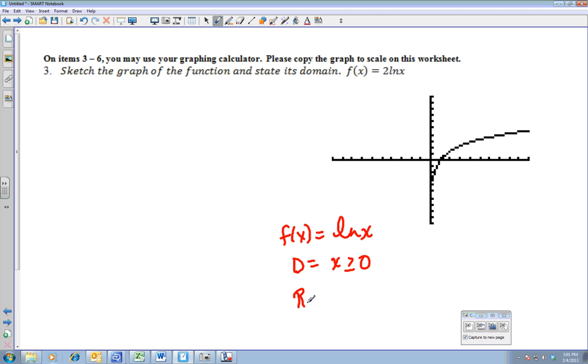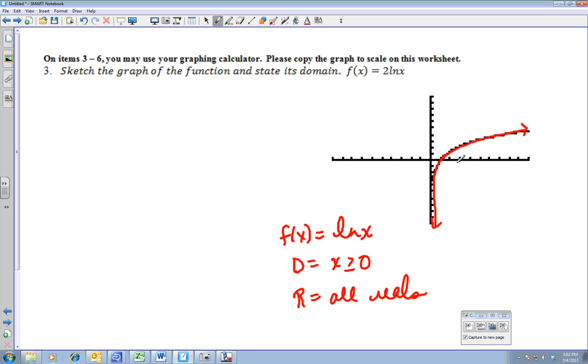My range, even though it looks like it stops here, remember, is how far down and how far up, your y values. It's never going to have negative x values. So my range is actually all reals, or negative infinity to infinity.